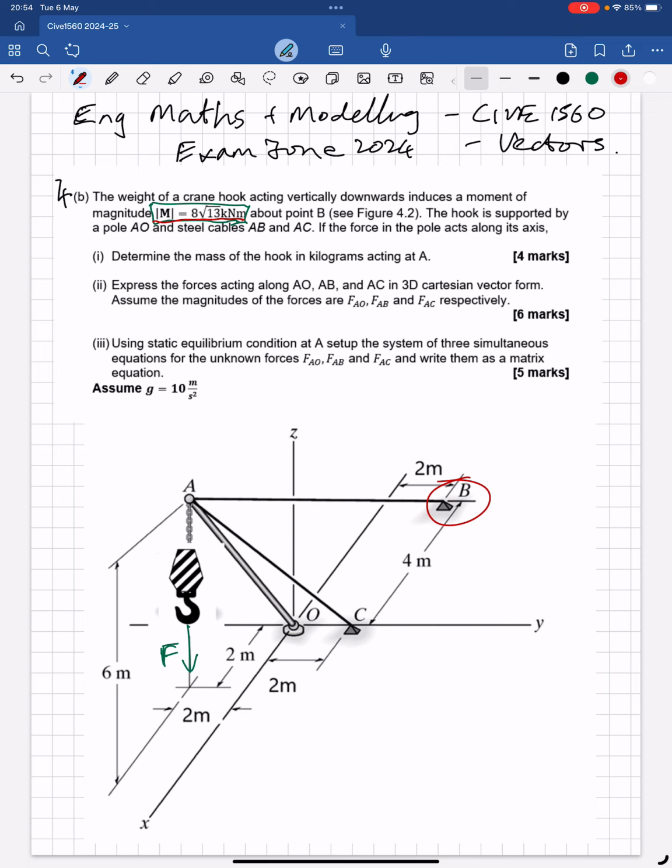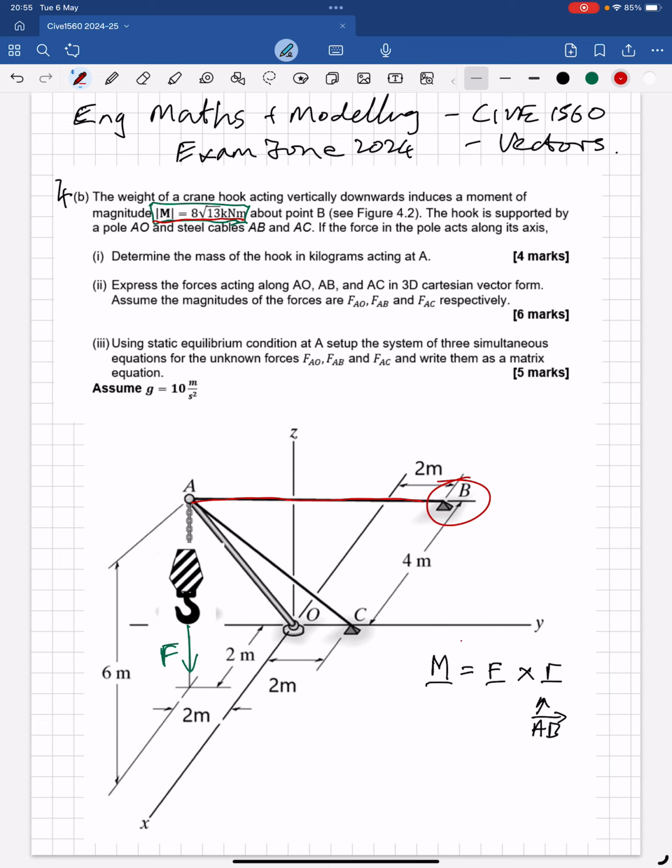And we know that moments, and I'm going to write M as a capital M, the moment vector, is equal to the force vector F cross product with a position vector, and in this case this position vector is AB, the line AB on this diagram.